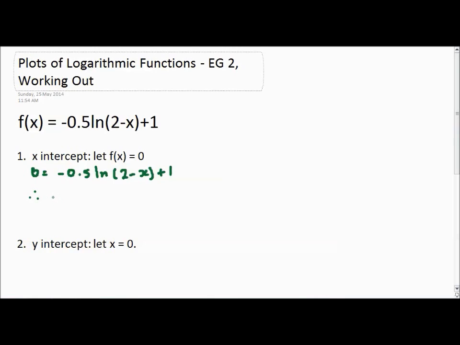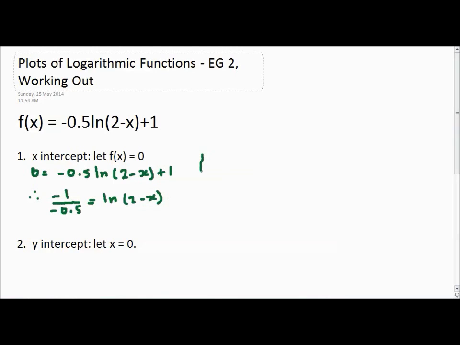Therefore, -1, and I'm going to do two moves in one go. Divide both sides by -0.5, and -1 divided by -0.5 equals ln(2 minus x).